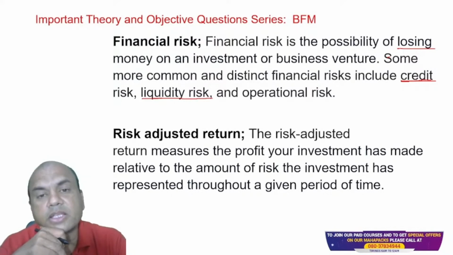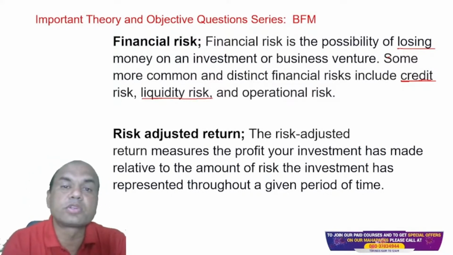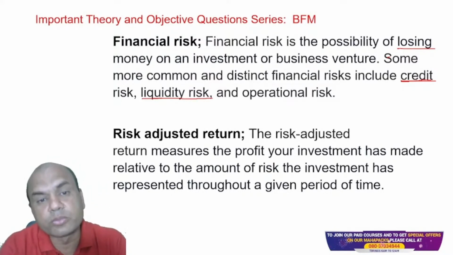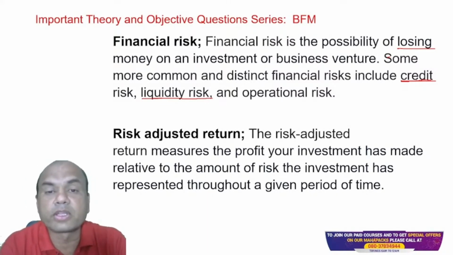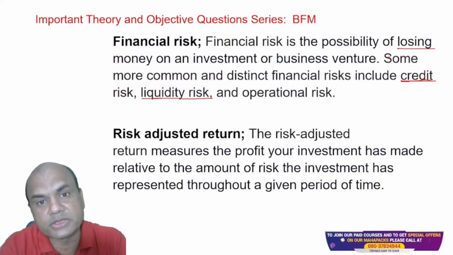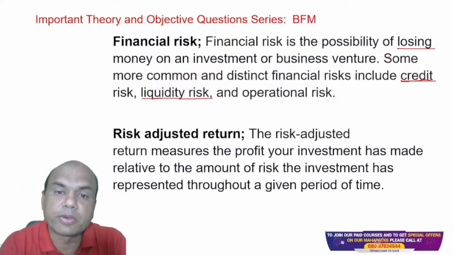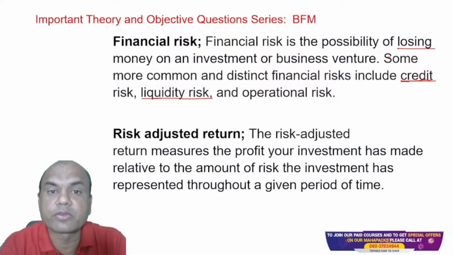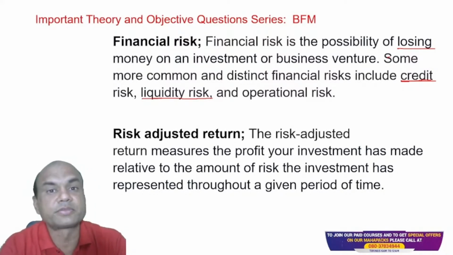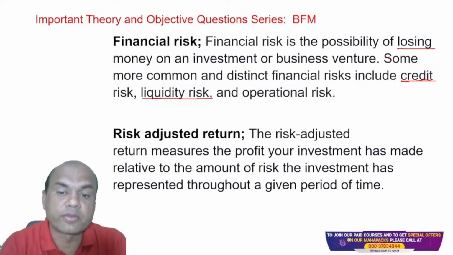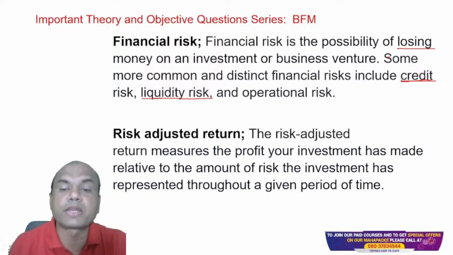So whenever you give a loan, you should always see that the loan percentage has a maximum limit relative to the deposits. If I have a deposit of rupees 100, I must give a loan up to 70 rupees only. 70% is a good ratio for loans. So that is liquidity risk.